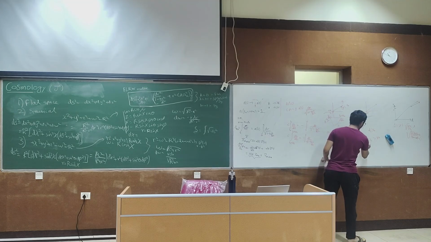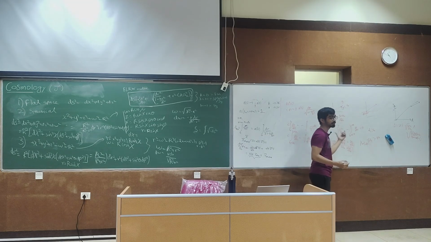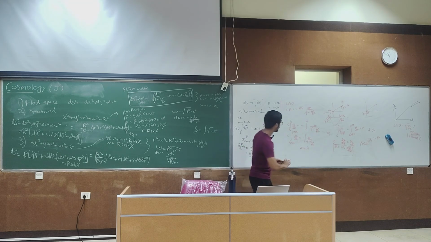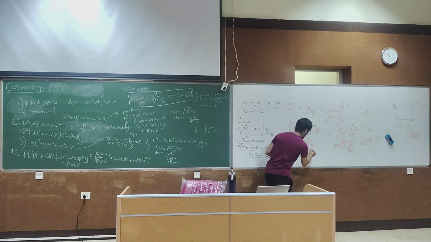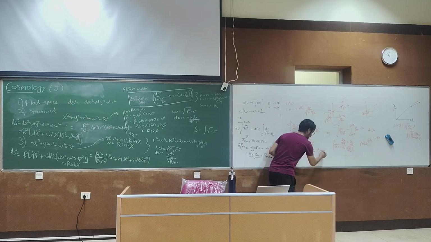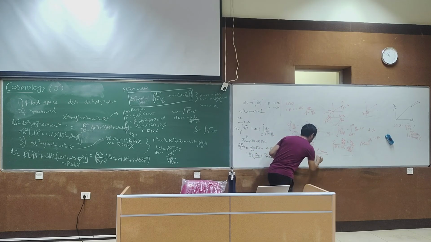We know lambda, the wavelength, is proportional to dt, the time period, and hence we get what we call redshift. z is equal to lambda received minus lambda emitted, divided by lambda emitted.